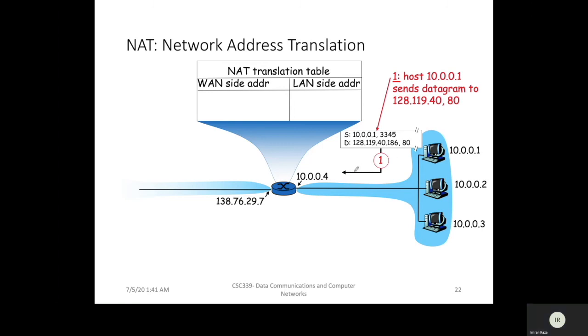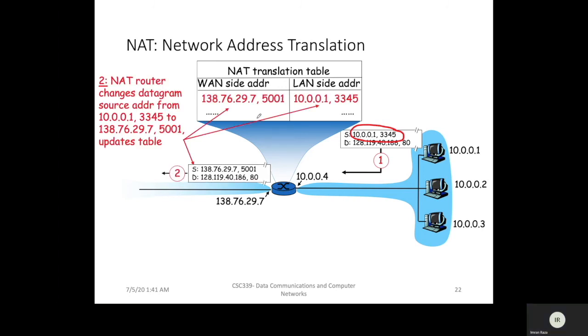This request will first go to the NAT translation table at the NAT router. So here it will do the first replacement, where it will replace this part with the NAT IP address and with a specific random port number, right?